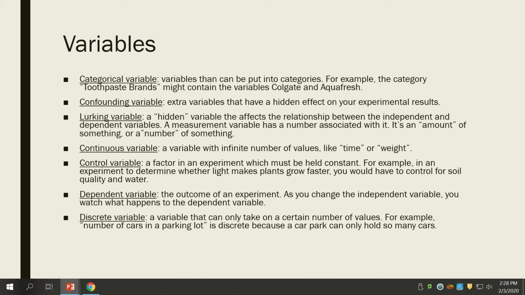Good. All right, so variables. Categorical variable. This first one, more or less putting people into categories. It's also called a nominal variable. That's going to show up on the next slide. So it is variables that can be put into categories. So, for example, toothpaste brands. Putting things into different categorical variables is related to the moderator variable that we were talking about on the last one.